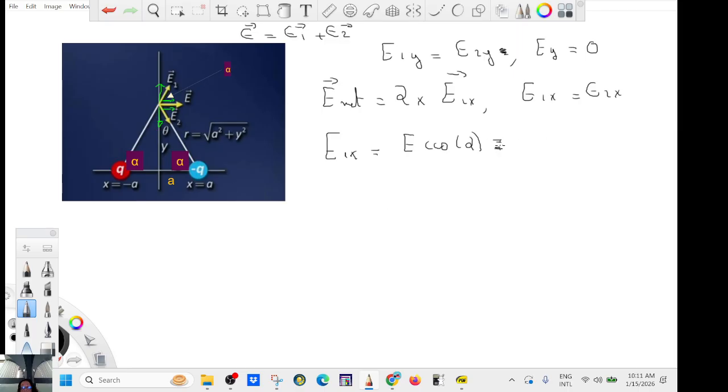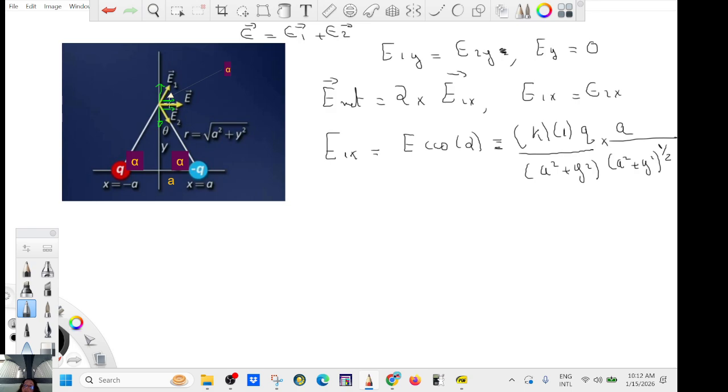So E is going to be Coulomb's law. You can imagine you have 1 Coulomb of charge. It's going to be kQ, and then here again we have the distance squared, which is a squared plus y squared. And the cosine is adjacent, which is a, over hypotenuse. That will be for one x component.